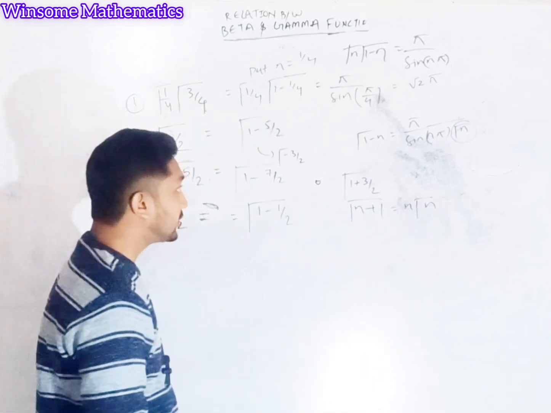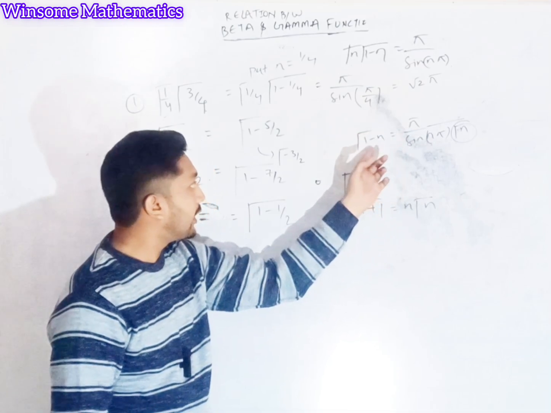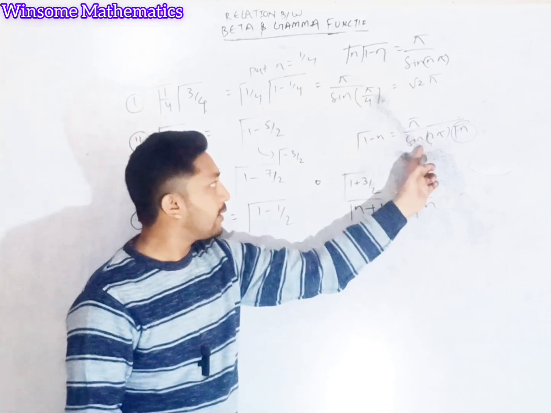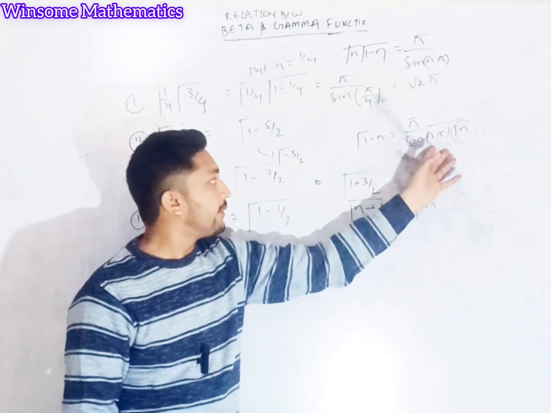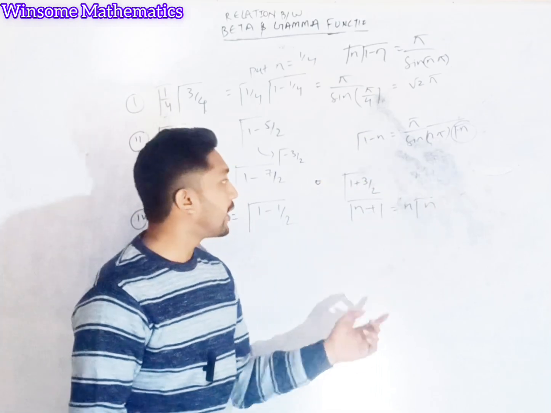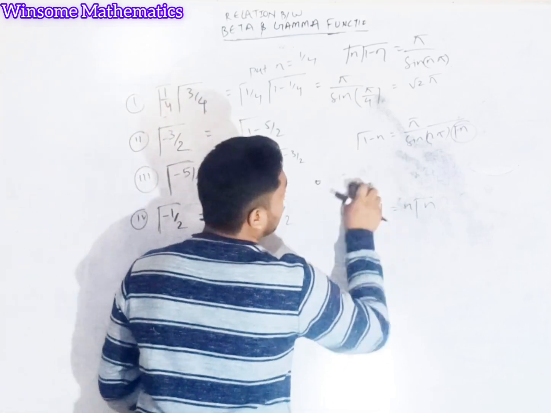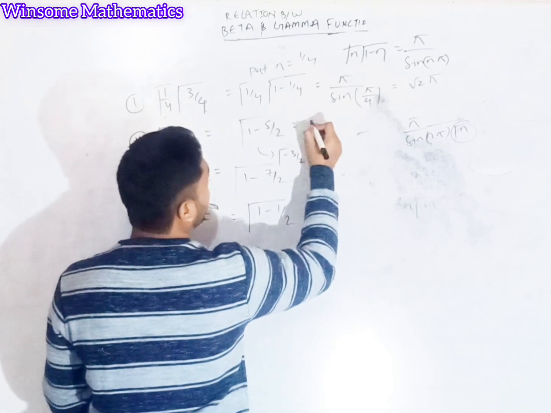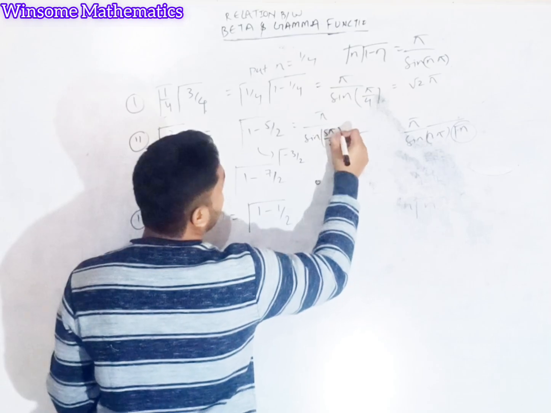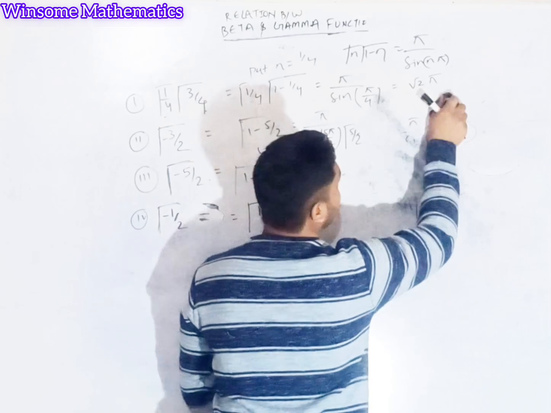So what we will be observing is that 1 minus 5 by 2, the terms in LHS as usual, and here pi upon sine 5 pi by 2. So we will solve the sine part apart, and then we will solve this term apart. Simple. So in the second example, we will write it as this: pi upon sine 5 pi by 2, and this is gamma 5 by 2. And now you can easily solve it.